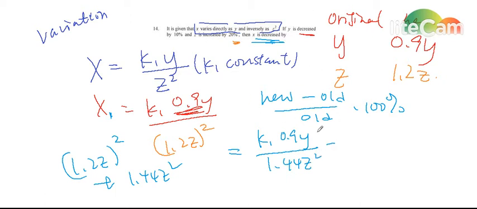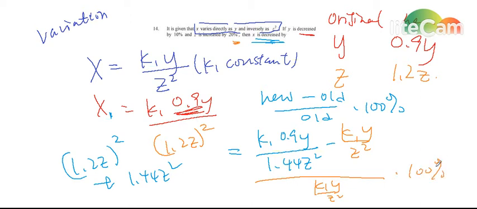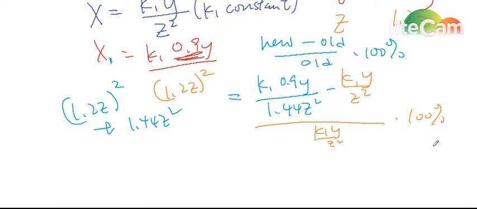The old one is k1 y over z square. So in our equation, minus the old one, k1 y over z square, and multiply 100%. Then we can see that there is a common factor, k1 y over z square.